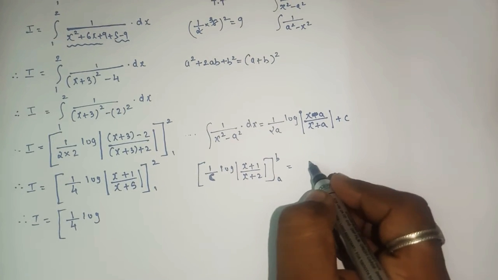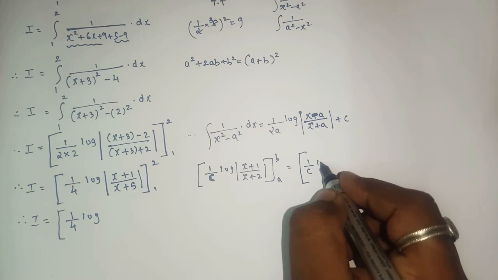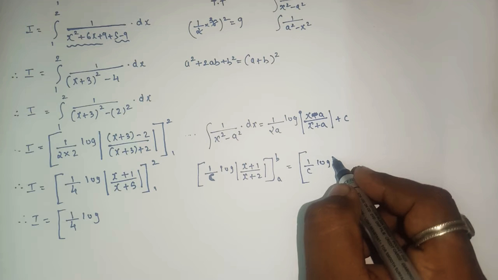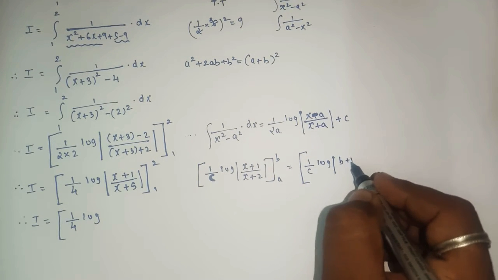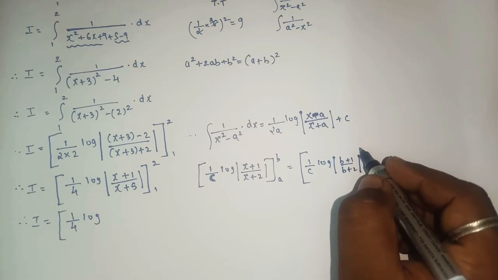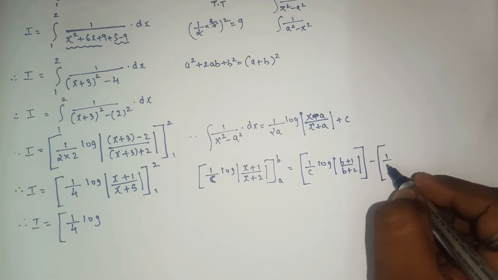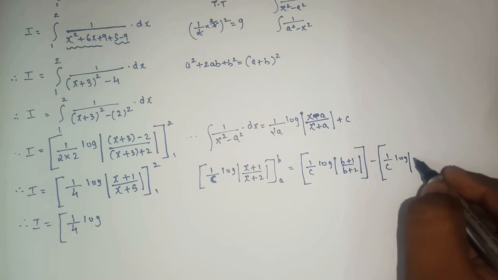So here you will write 1 upon c log, first you will put the value of b, then after that you will put the value of a.